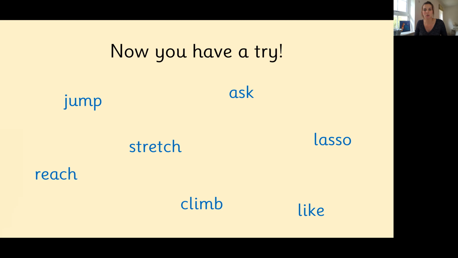Okay, so I'd like you to pause the video and have a go at, we've got 1, 2, 3, 4, 5, 6, 7 words here that I want you to write, and I want you to add on that correct suffix, that ending for the spelling, to make it into the past tense, to say it's already happened. Okay, I'd like you to pause the video now.